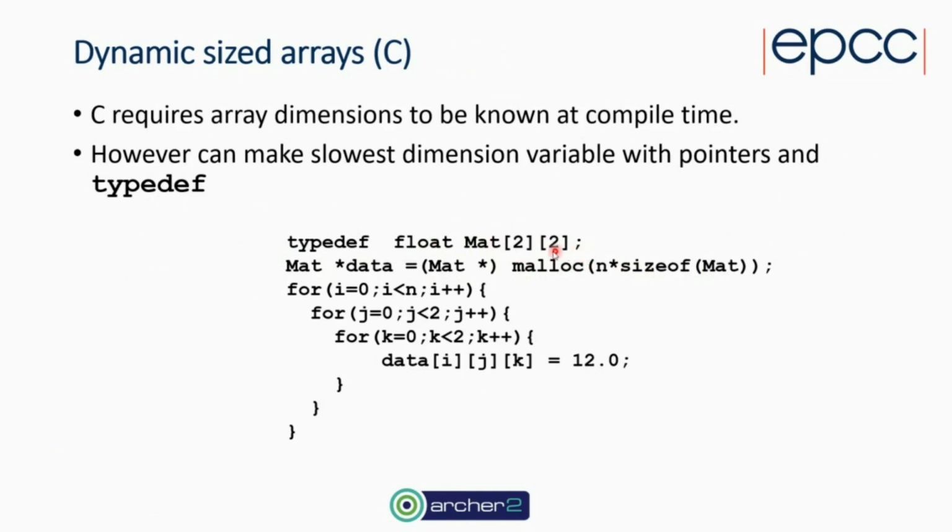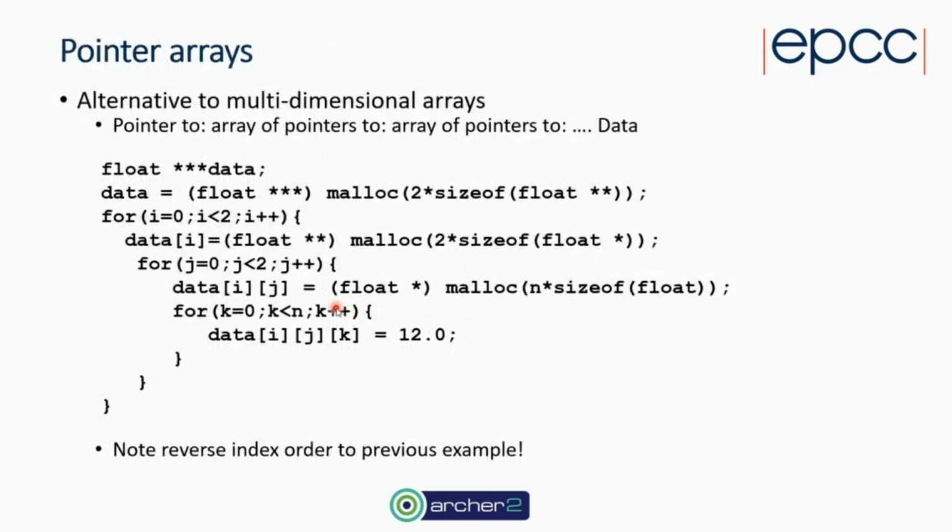But the actual inner data products themselves, where the compiler is going to do most of the work optimizing, are known at compile time. So this inner loop, where we're going over the most important bit of the work, is all predefined, and that can let the compiler do optimizations there. So this can be a way of allowing the compiler to know some of the information about the data structure you're using, and not having to define everything as dynamic at runtime.